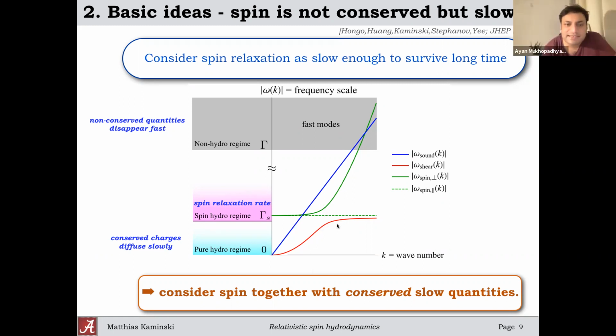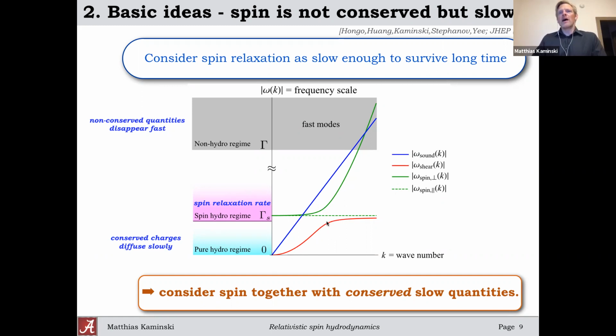No. I was just thinking that it's a more natural interplay because the shear also has some spin associated with it, right? Right. So maybe I should say, you will see in a few slides that these are actual eigenmodes of spin hydrodynamics that are drawn onto this graph. This is not just wishful thinking.